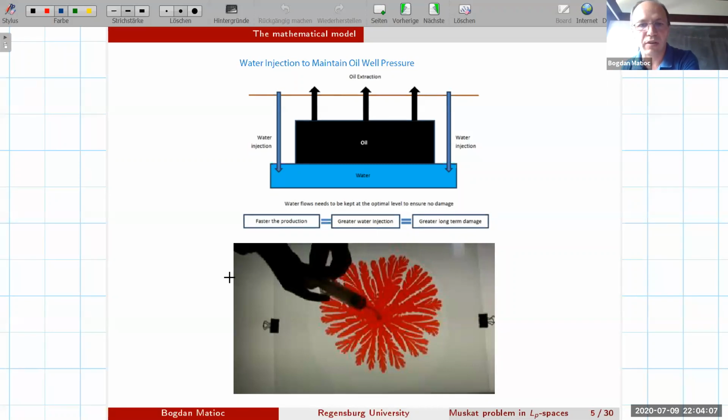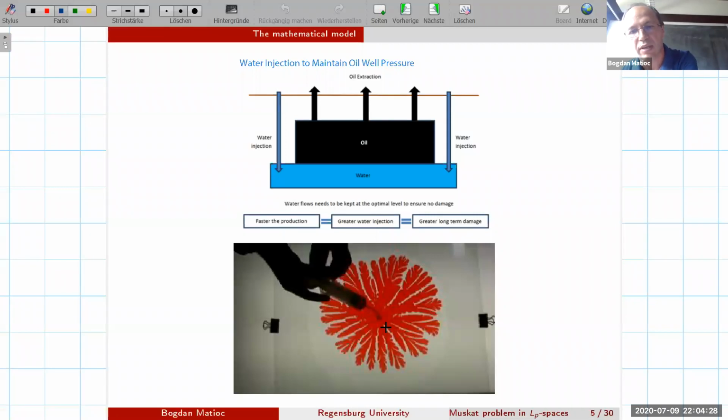And this viscous fingering is very nicely presented in this picture. What you see here is a so-called Hele-Shaw cell. It consists of two parallel transparent plates filled here with a transparent liquid. This is glycerol, and it has a larger viscosity than water.